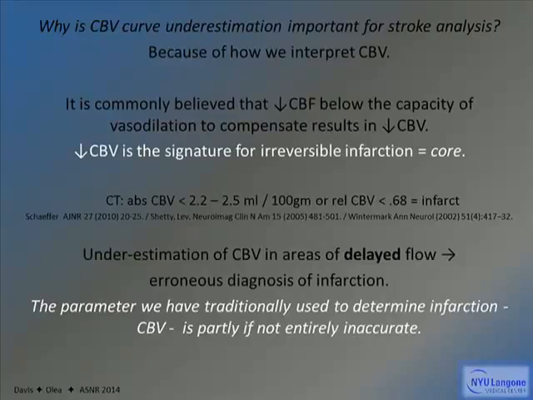That is the core. The problem is that we routinely underestimate CBV. So consequently, we overestimate the area of infarct. So the parameter that we have traditionally used in neuroradiology for over a decade to determine what infarct is inaccurate.